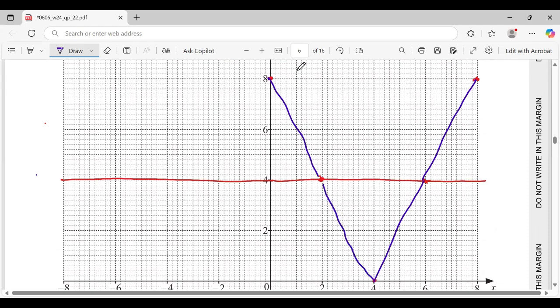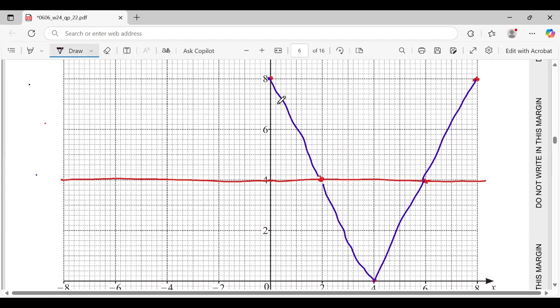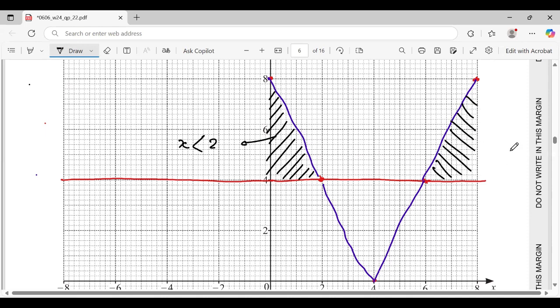And the solution area is this one, because it is greater than. This is the area of x less than 2, and this area as well. If this is 2, this is 6, so this area is x greater than 6.